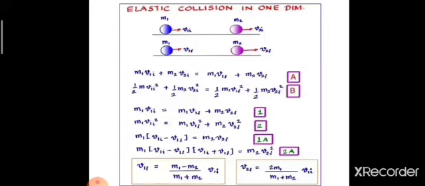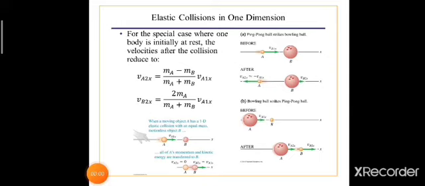So, v1f will be equivalent to m1 minus m2 divided by m1 plus m2 into v1I, and v2f will be equivalent to 2m1 divided by m1 plus m2 into v1I. So we have derived the final velocities of the two objects in terms of the initial velocity of the first object, with the second object being at rest.